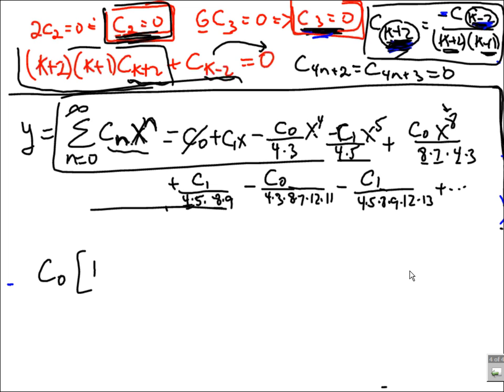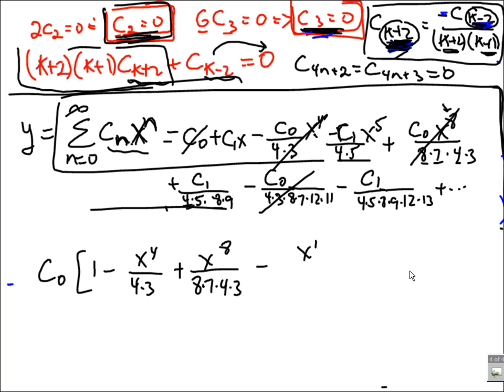It's C0 times 1 minus x to the 4 over 4 times 3 plus x to the 8 over 8 times 7 times 4 times 3, etc. minus x to the 12 over 4, 3, 8, 7 times 12 times 11, etc.